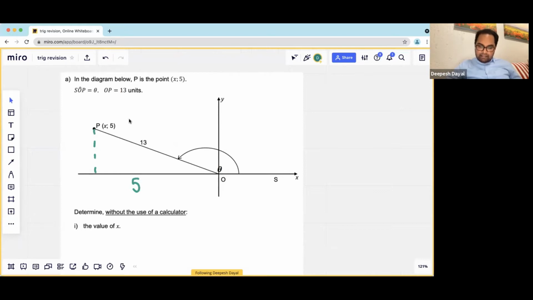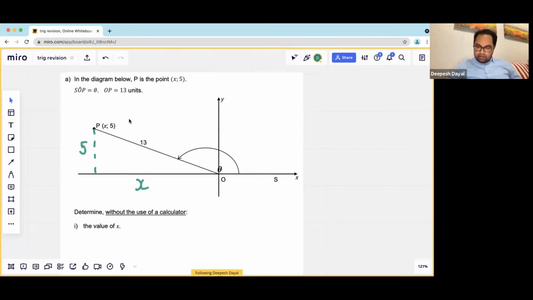Okay, so 5 is here at the x, right? So we've got 13 squared minus 5 squared equals x squared, right? Actually, no, I've got this the wrong way around. Let's fix that. It should be 5 here, eh? And this is x. There we go.